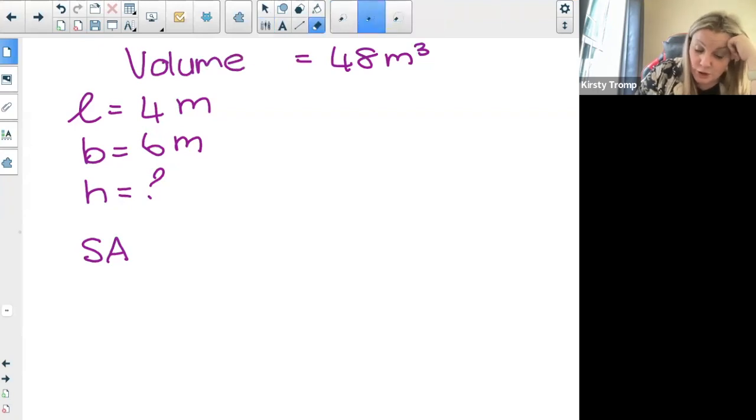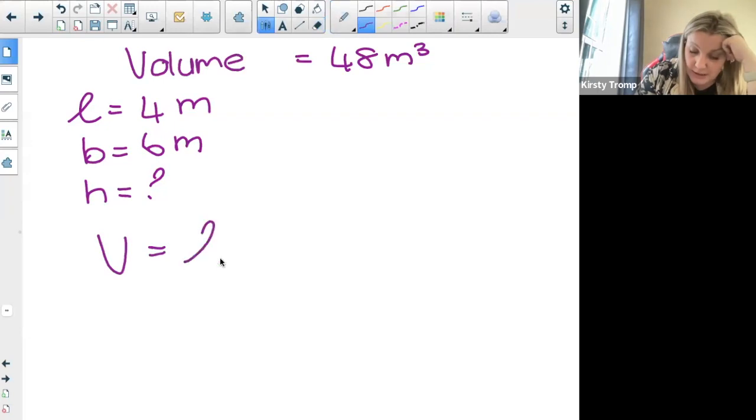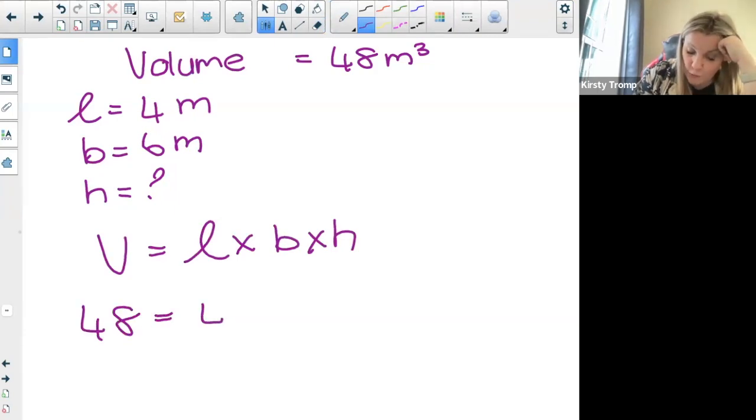All right, so volume. Volume equals length times breadth times height. So you would say 48 equals 4 times 6 times, and I don't know what the height is, so I'm going to leave it as h.